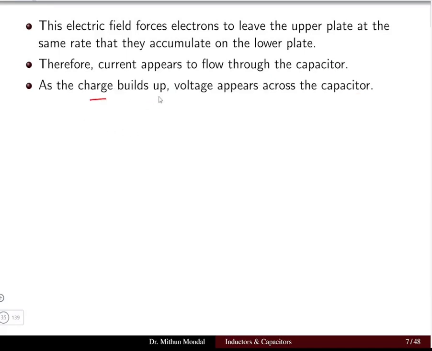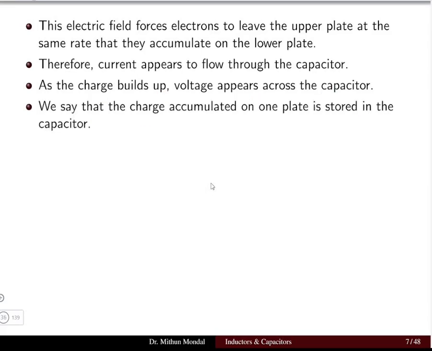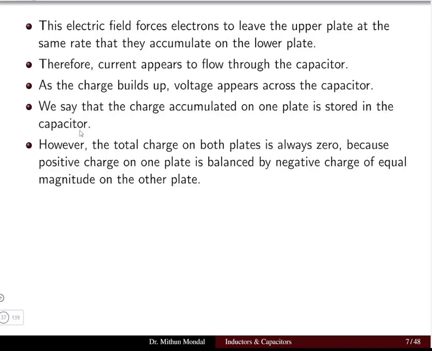As the charge builds up, voltage appears across the capacitor. We say that the charge accumulated on one plate is stored in the capacitor; generally, when charge accumulates on one plate, energy is being stored.